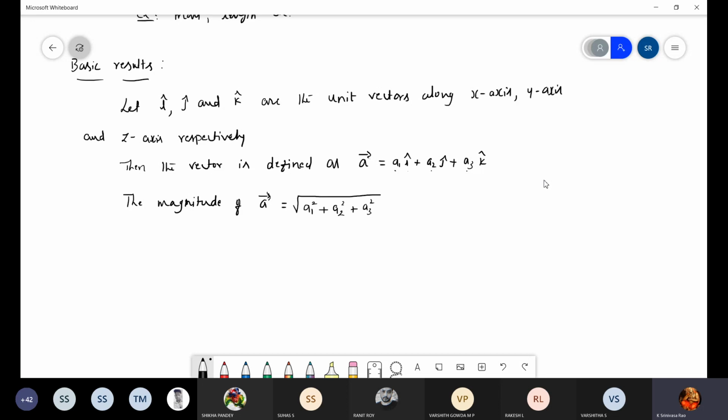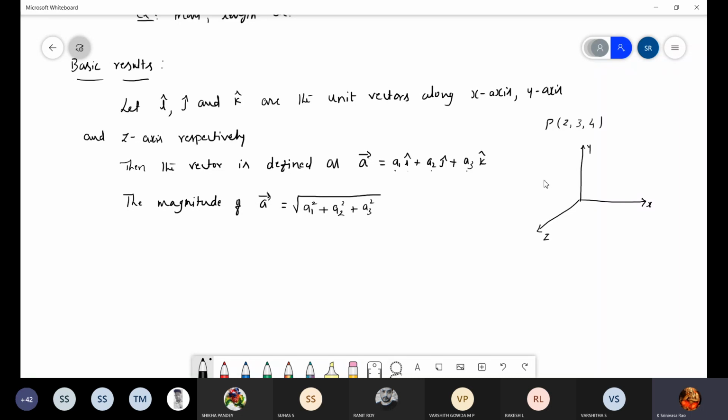Let me give a small difference. Suppose I want to mark one point P in the Cartesian coordinate system with address 2, 3, 4. How will you mark it? This is the x-axis, another is the y-axis, another is the z-axis. First I will explain in 2 dimensions, not 3.